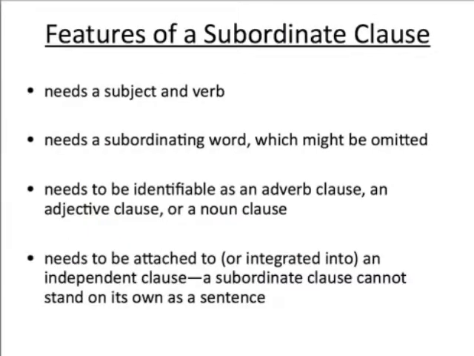Okay, some of the features of a subordinate clause. Remember, it's a clause, so that's the reminder that you always need a subject and a verb. If you can't actually find a subject and a verb, it can't be a clause. Again, too, remember that to complicate things, this could be elliptical. So we saw some examples of verbs that were left out, that were not there, but there.